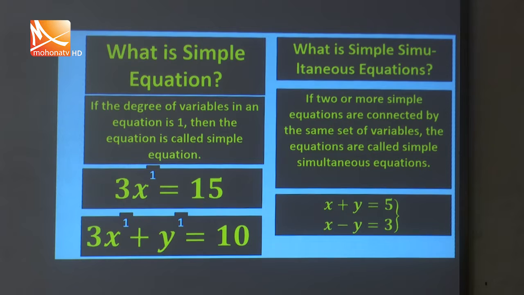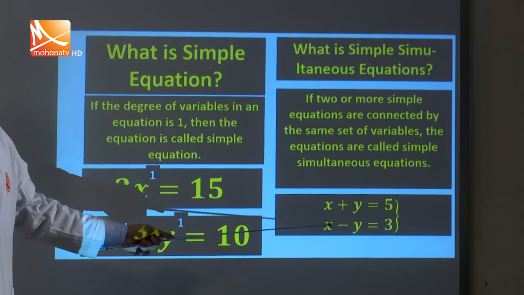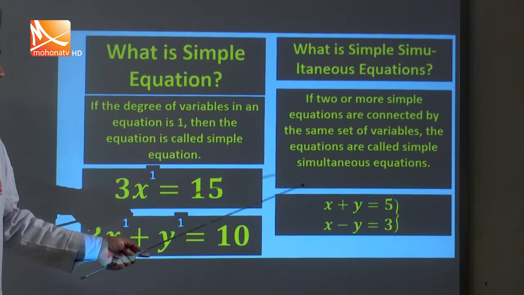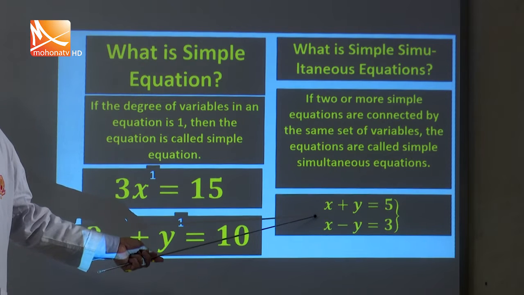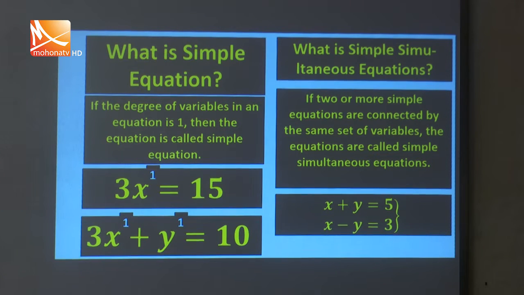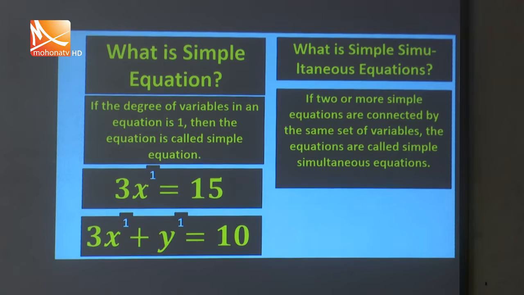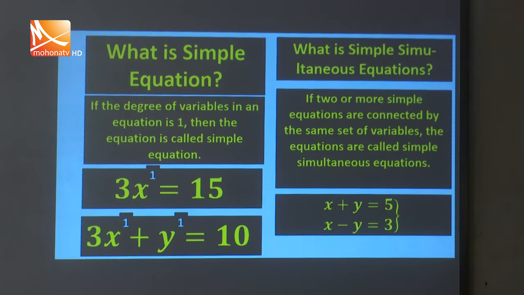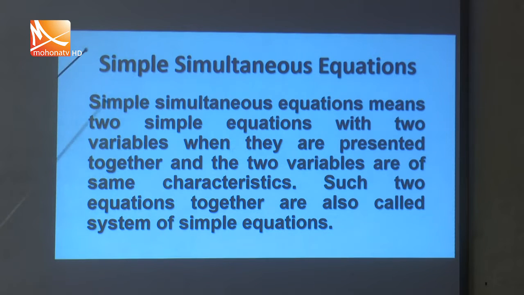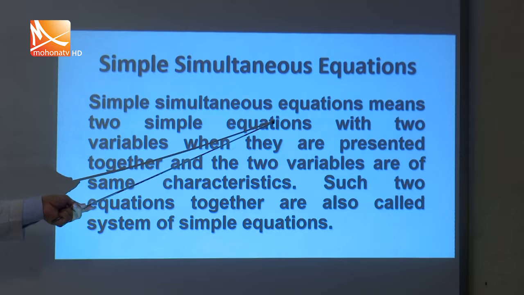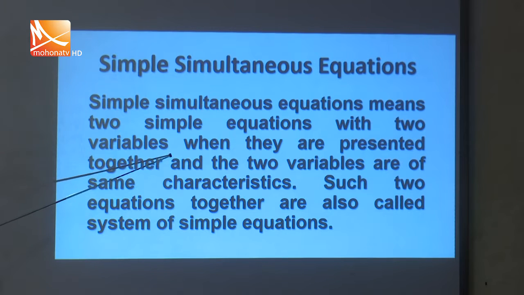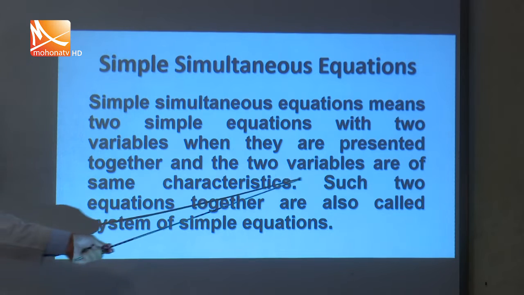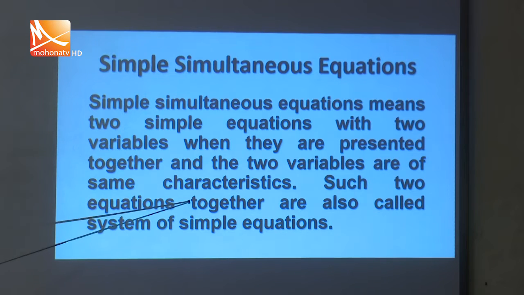Okay. So, x plus y equal to 5 and x minus y equal to 3, this is a simple simultaneous equation, and here there are two simple equations. In other way, we can say simple simultaneous equation means two simple equations with two variables when they are presented together and the two variables are of same characteristics.